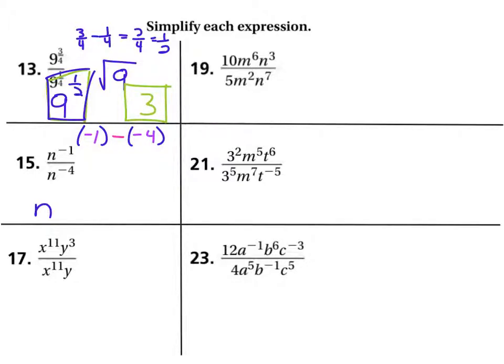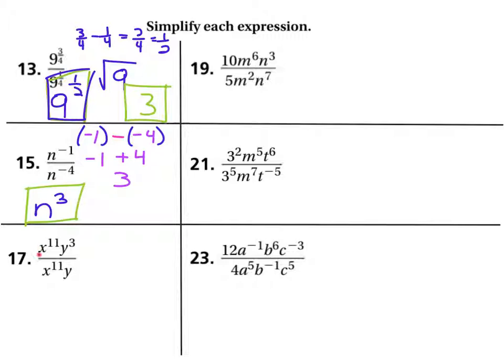And if you go slowly and you know how to subtract integers, that's the same as saying -1 plus +4. And what is -1 plus 4? It is 3. So then the answer would be n to the 3rd power. Okay? Let's keep going. Remember, when you are dividing, you subtract the values.